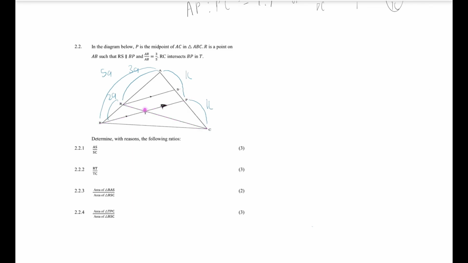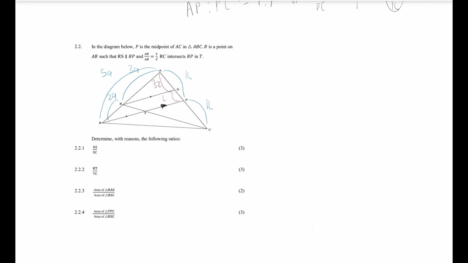Yes. And then now, before we get to the question, let us use the information which we have to see if we can get somewhere. So now here we have these parallel lines, which means that this over this is equal to this over this, right? So over here, I can actually write, let's just say 3Z.